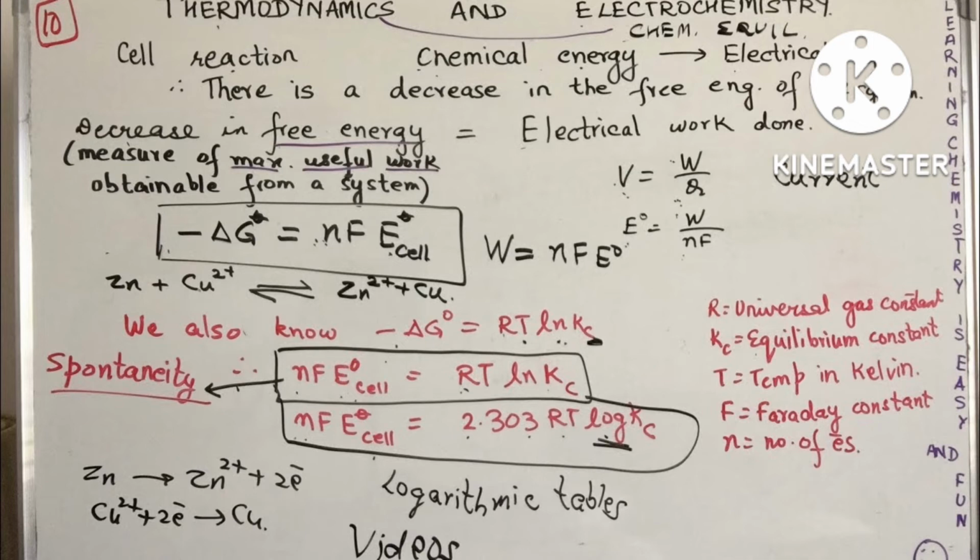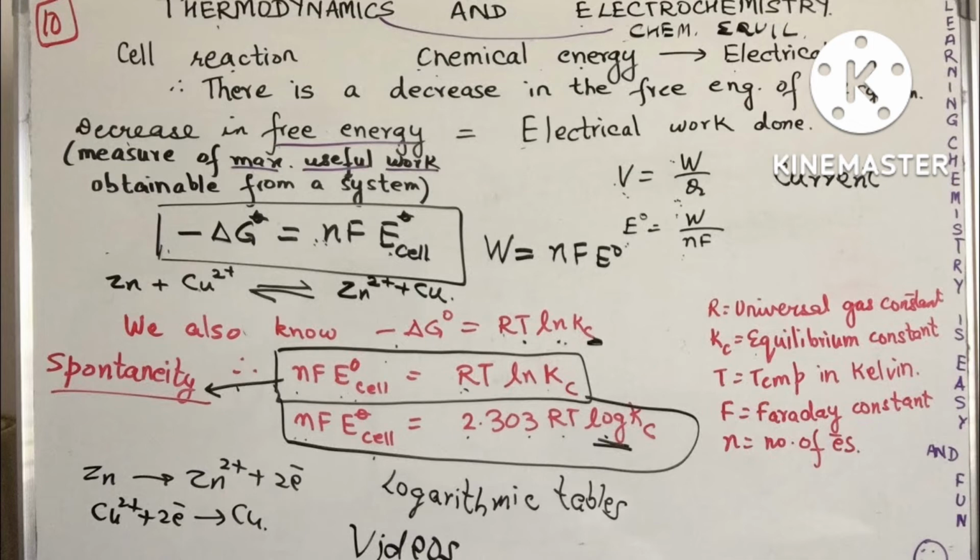But here I want to tell you, if plus comes, then it is non-spontaneous. Whatever the H or S value, finally if delta G is coming negative, then it is spontaneous, and if delta G is positive, then it is non-spontaneous, whatever the temperature.